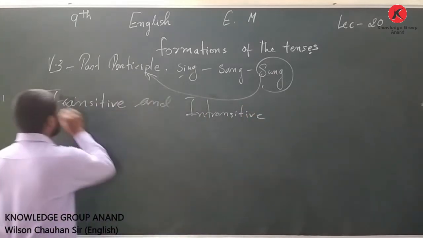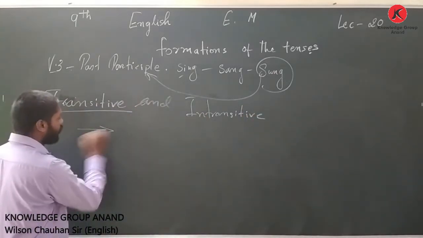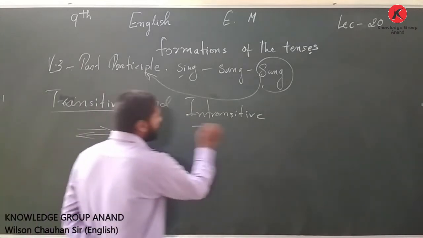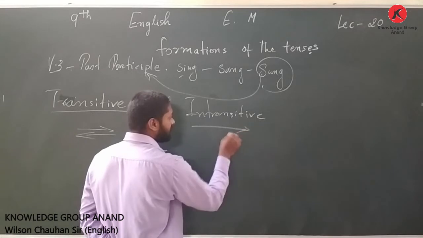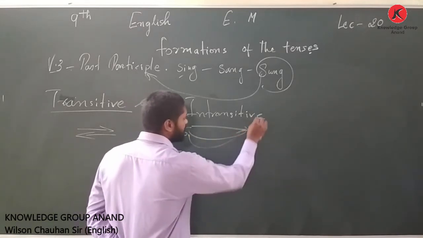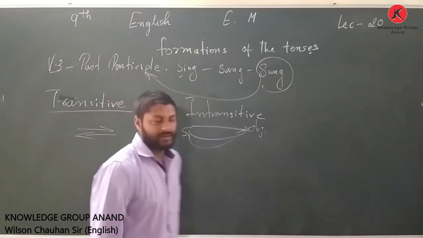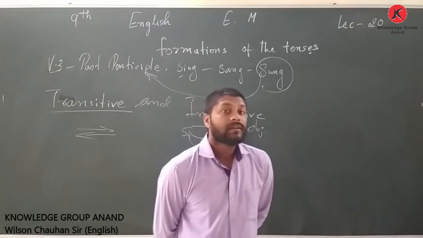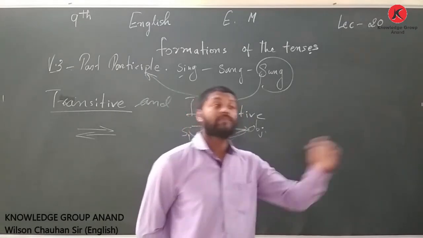Now you see transitive, which means it can go and take the subject. But here it cannot go and take the subject from the object's point of view. And that's where I gave you the example of someone going to Ahmedabad.